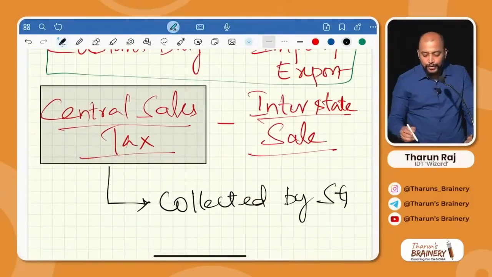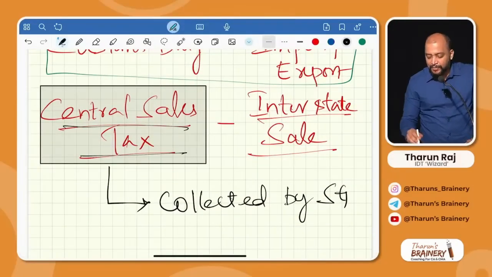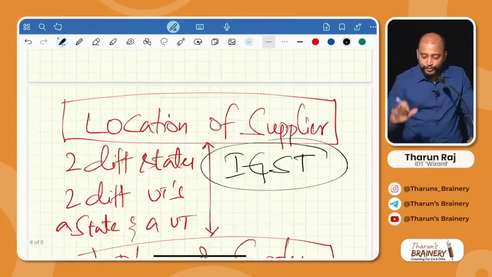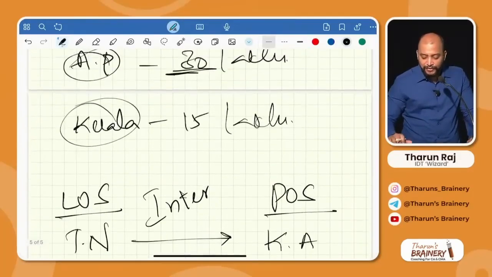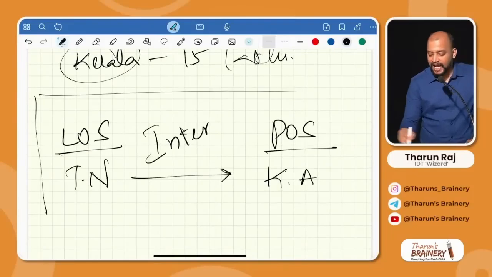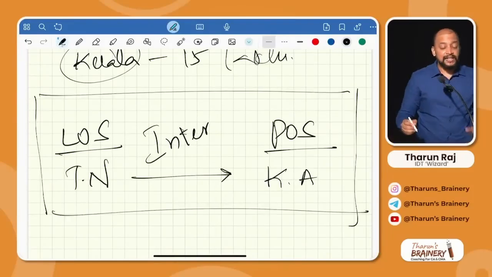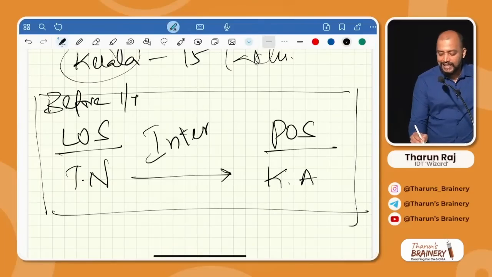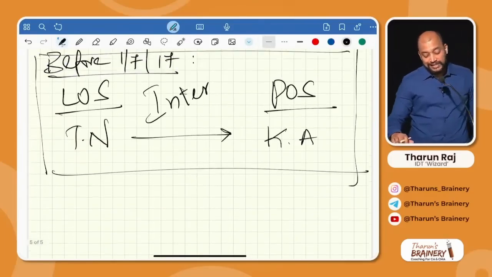CST, even though levied by the central government, was collected by the state government, correct or not? So this tax went to the state government in the past, that is, before 1/7/2017.